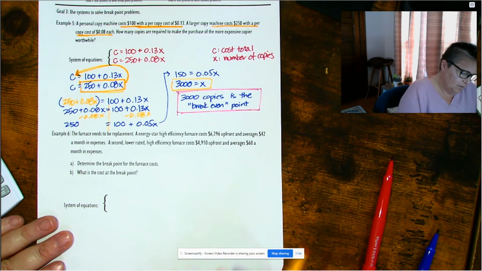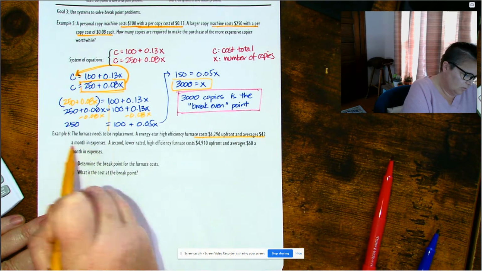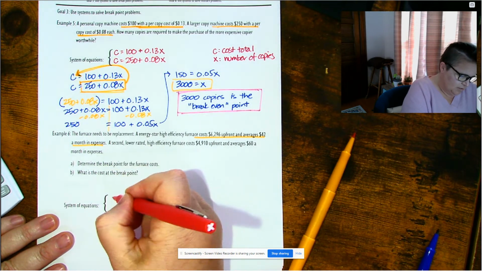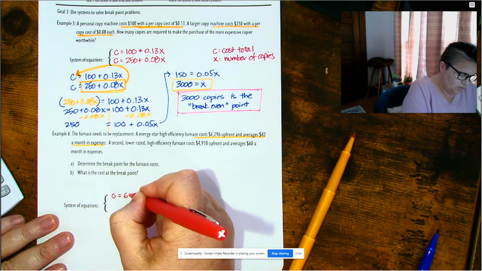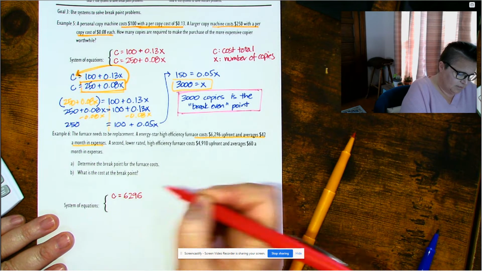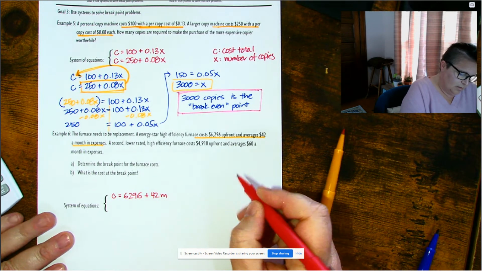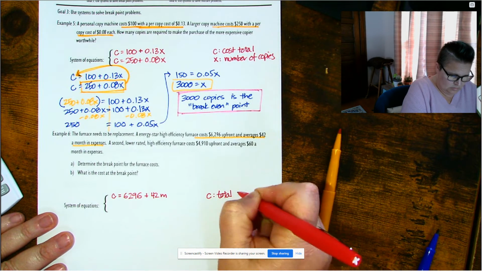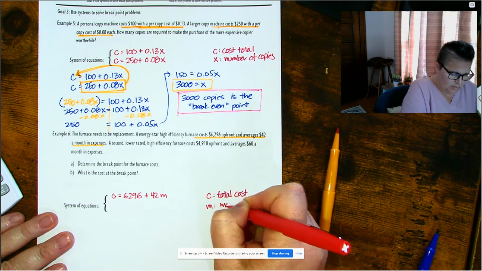Okay. So furnace number 1 costs $6,296. So my first one will be that the cost is $6,296 upfront plus $42 a month. So here I'm using C for the total cost, and I'm using M for the number of months.